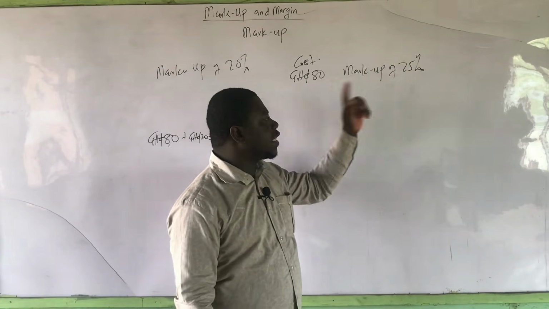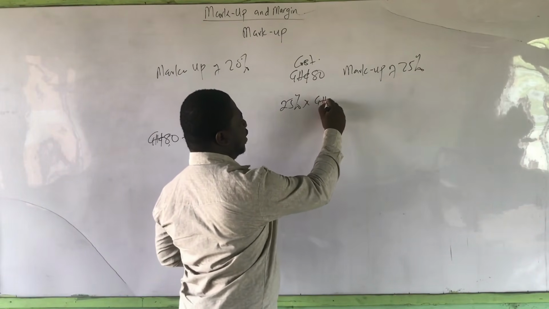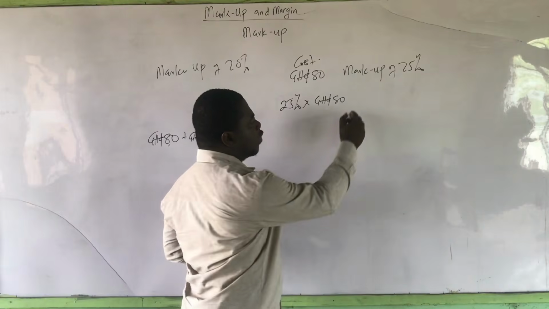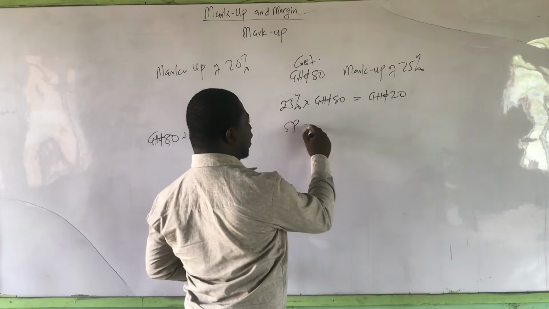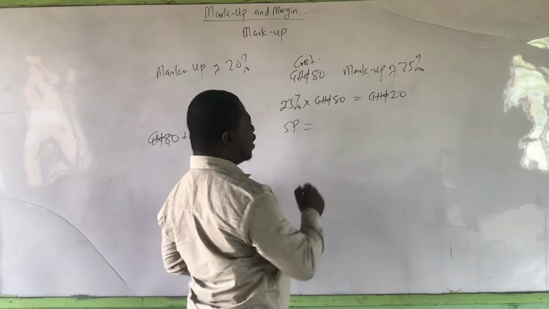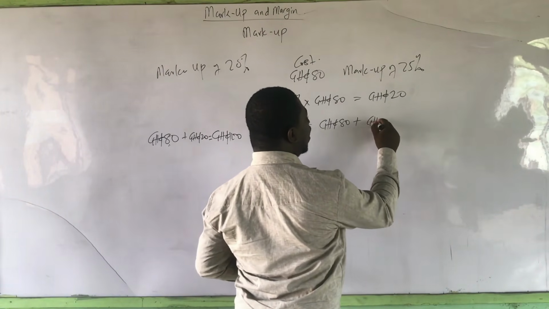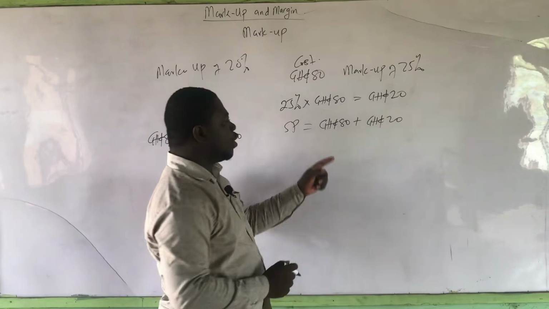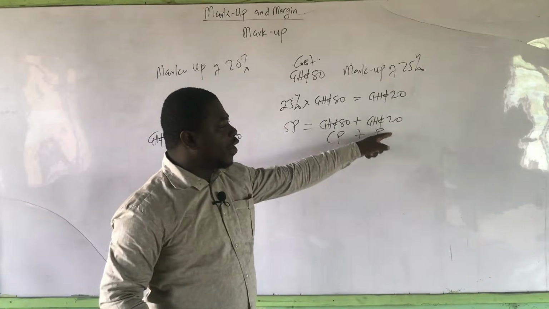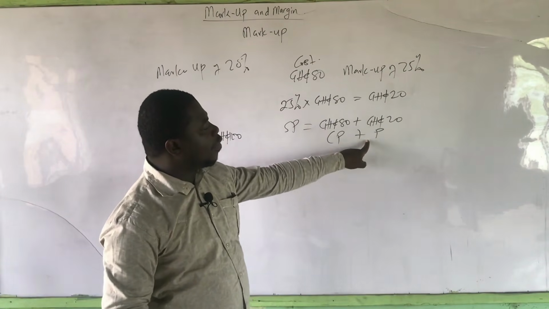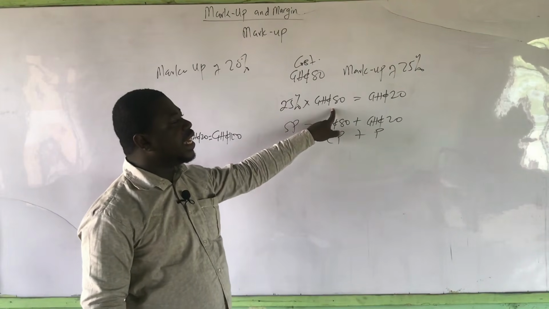And so because it is markup, you are going to calculate 25% of the 80 cedis. And 25% of 80 is going to give you 20 cedis. And that means that your selling price eventually will be 100 cedis, which is the 80 cedis plus the 20 cedis. So it is your cost price plus the profit. And how did we arrive at this profit? We arrive at the profit by calculating the percentage of 25% on the cost price, which is the 80.